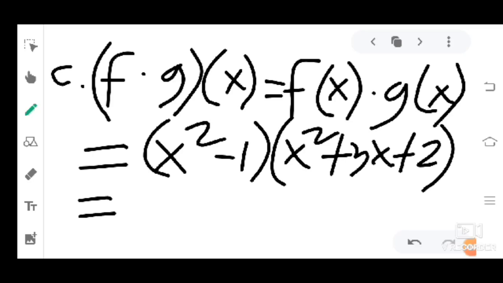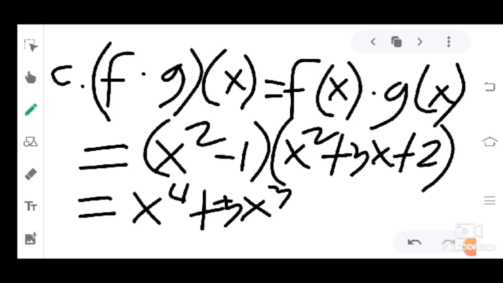Then we will distribute first the x squared to each term. X squared times x squared is x raised to the power of 4. Then x squared times 3x is 3x cubed. Then x squared times 2 is plus 2x squared.